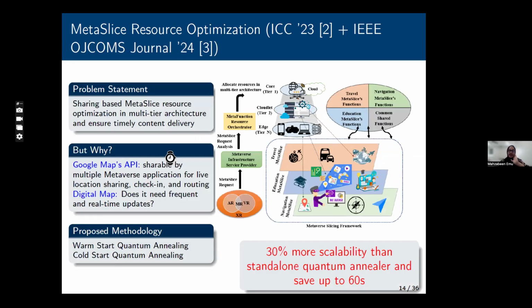Okay, so in the second project, which is metaverse resource optimization, we proposed this metaverse slicing framework, which is inspired from traditional network slicing. Here we have each meta slice dedicated to supporting different kinds of virtual reality applications such as travel meta slice, education meta slice, and navigation meta slice. And there are some common shared functions.